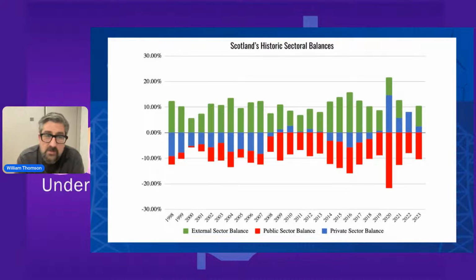I think you've got to look at this for what it is, and you'll see that a big issue we have in Scotland is that the money that comes from the deficit spending, which comes from the UK government, and it's the UK government that deficit spends because the Scottish government isn't able to deficit spend, nor are local authorities to any great extent. The deficit spending comes from the United Kingdom, but it rarely allows the private sector in Scotland to net save.